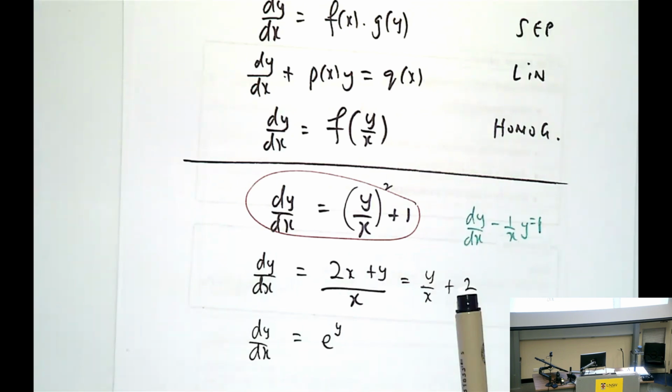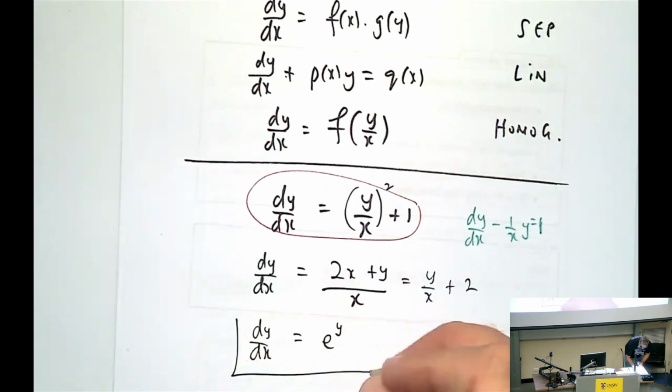Okay, can it be separable but not homogeneous, or homogeneous and not separable? Let's see if we can find an example. It can be homogeneous and not separable. Can it be separable and not a non-homogeneous one? Okay, what about that?